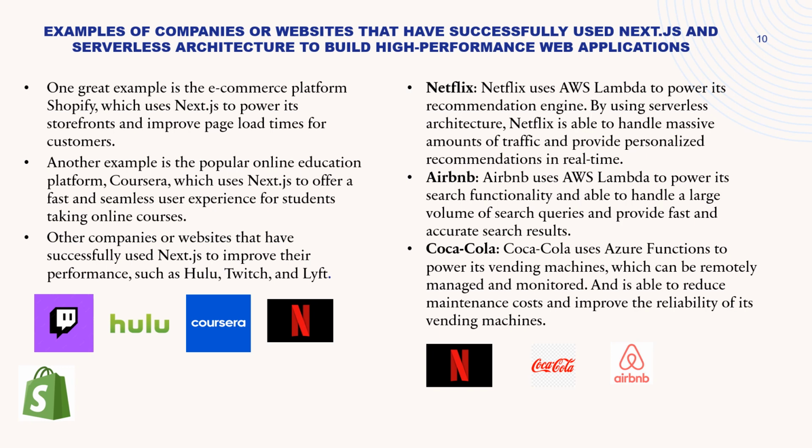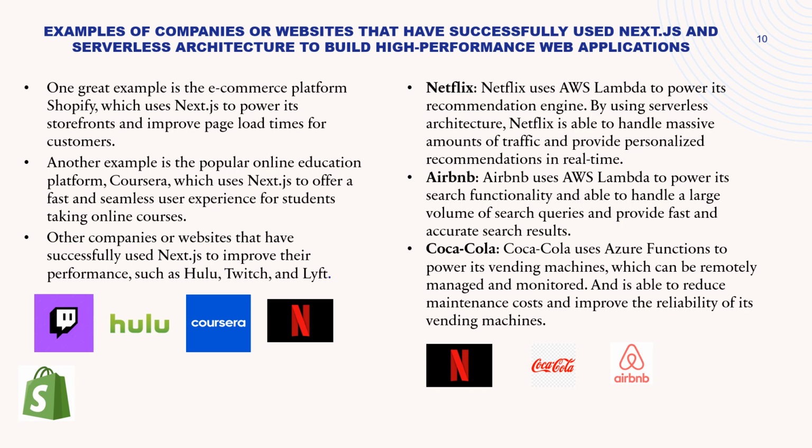Let's look at which companies are using serverless architecture. Netflix uses AWS Lambda to power its recommendation engine. By using a serverless architecture, it is able to handle a massive amount of traffic and provide personalized recommendations in real time.